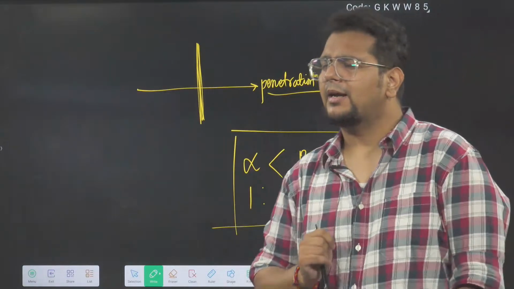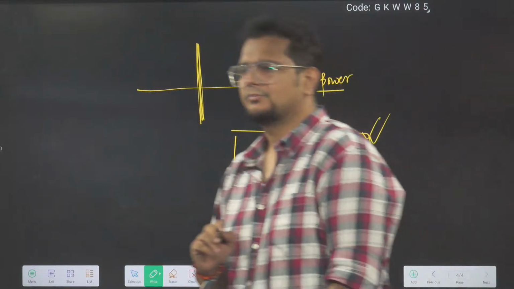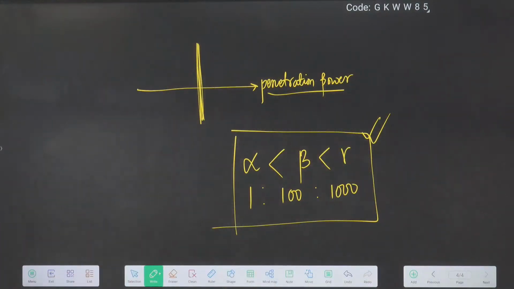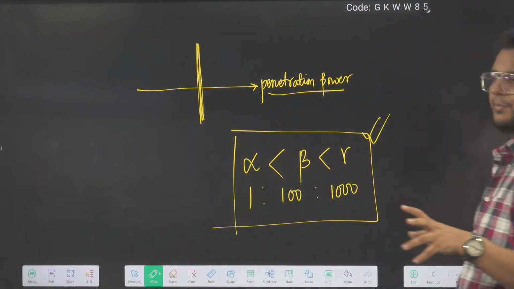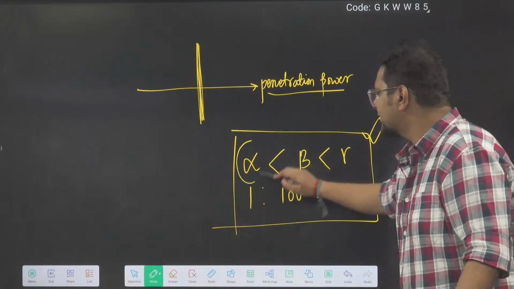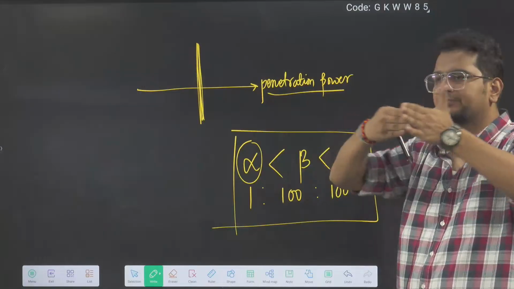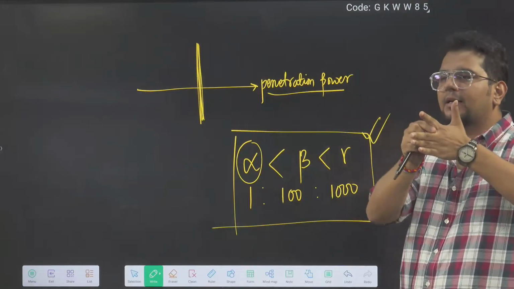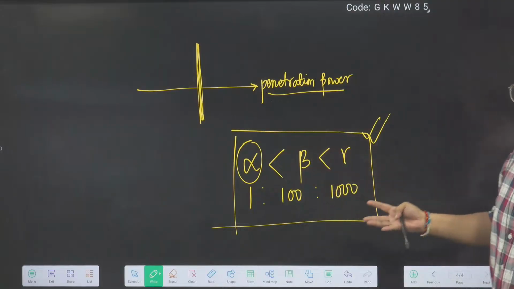Is this fundamental idea clear, bhai? Out of alpha, beta, gamma, alpha is the biggest particle. Penetration of the wall will be difficult for it. Beta, a small particle, can pass through easily, and gamma is not even a particle, so it passes through most easily.